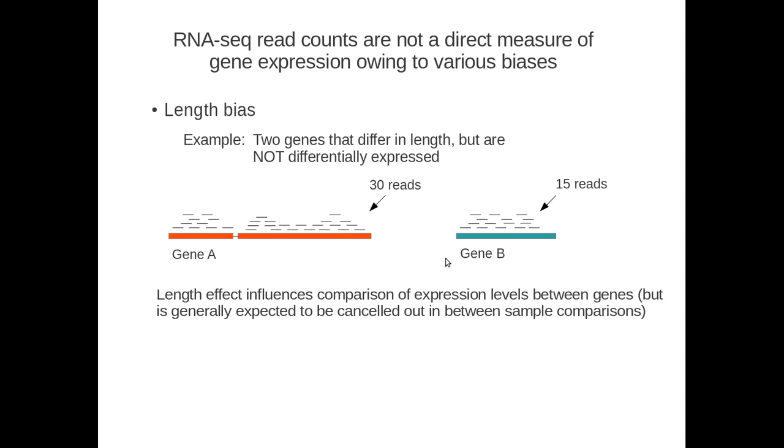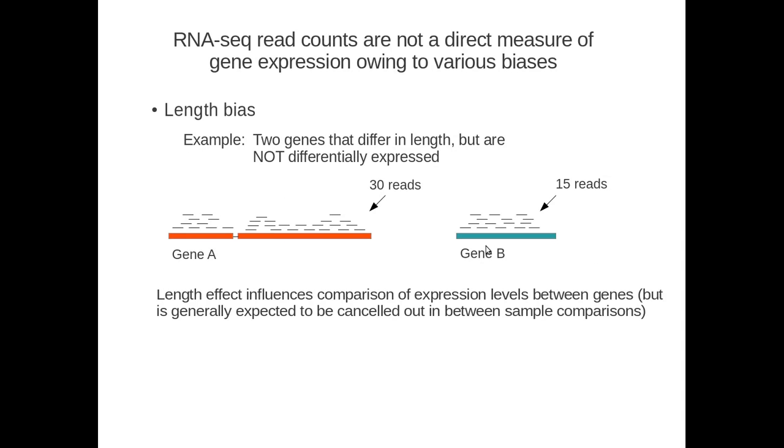This is generally what we call a within-sample source of bias. Notice that we're contrasting two genes here, not two samples, as I mentioned is our typical design, where we're trying to contrast across experimental conditions to see if there are differences in gene expression at one locus.